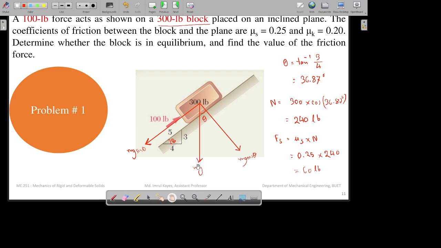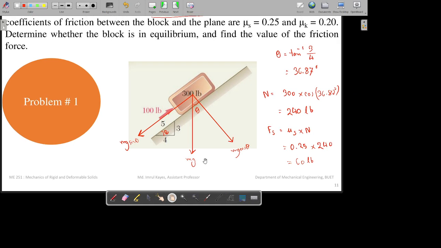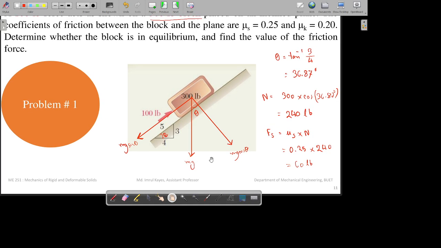So let's determine it. mg sine 36.87 degree. From that you can calculate the value of mg sine theta.